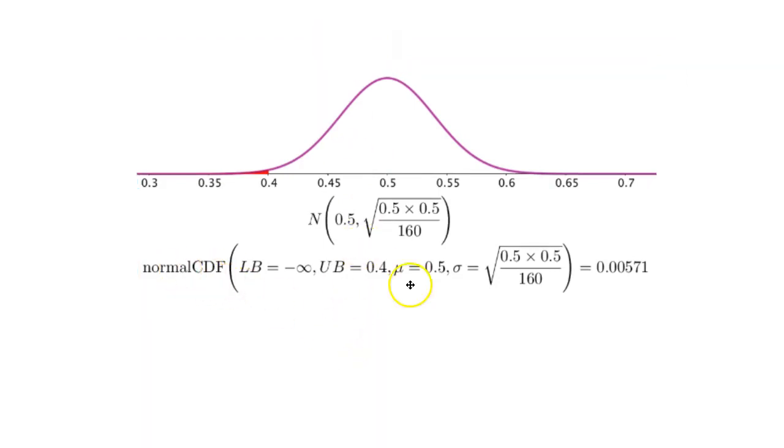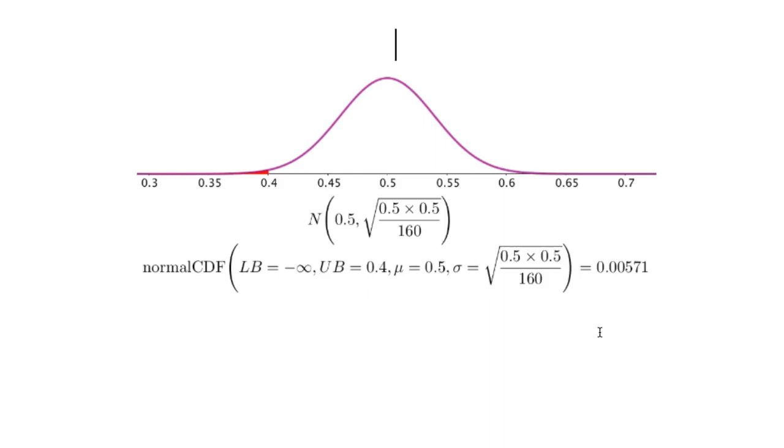Using my normal CDF, I find that probability in the tail to be less than 1%, 0.00571. That is a very small p-value, less than any reasonable alpha level.